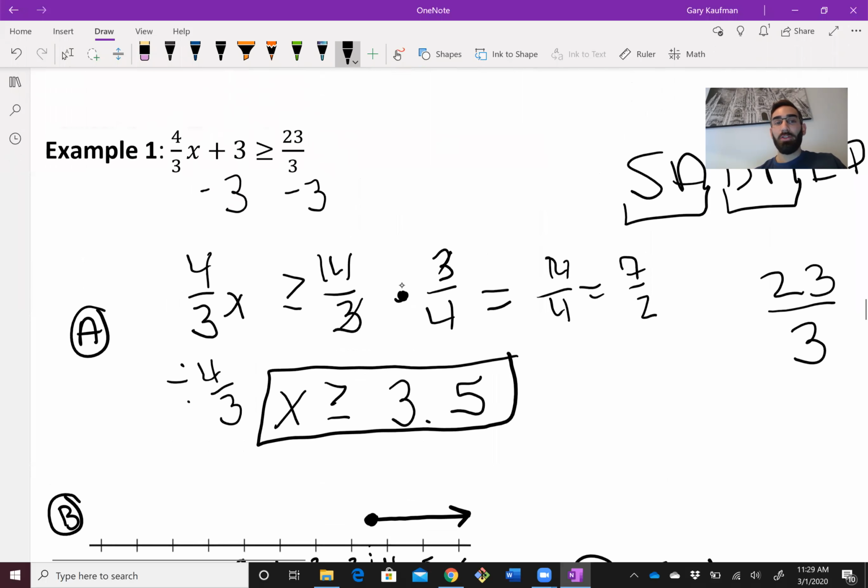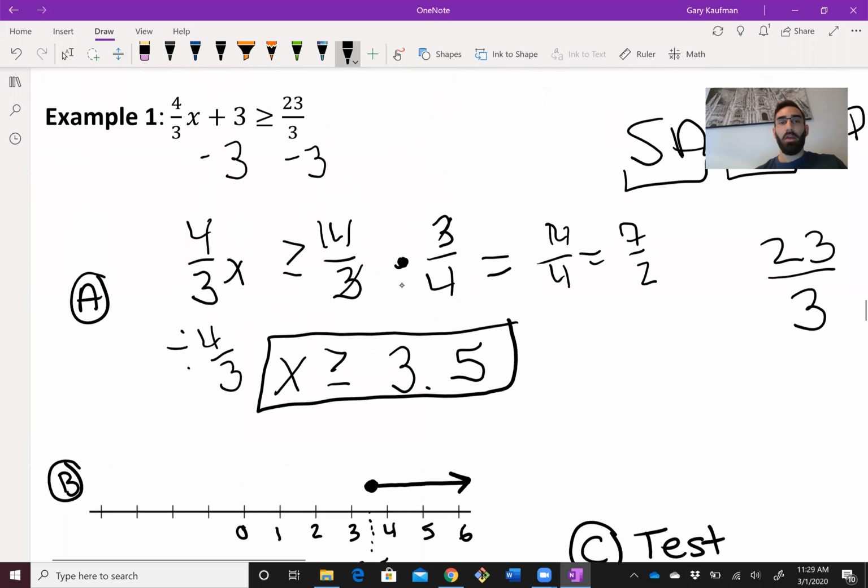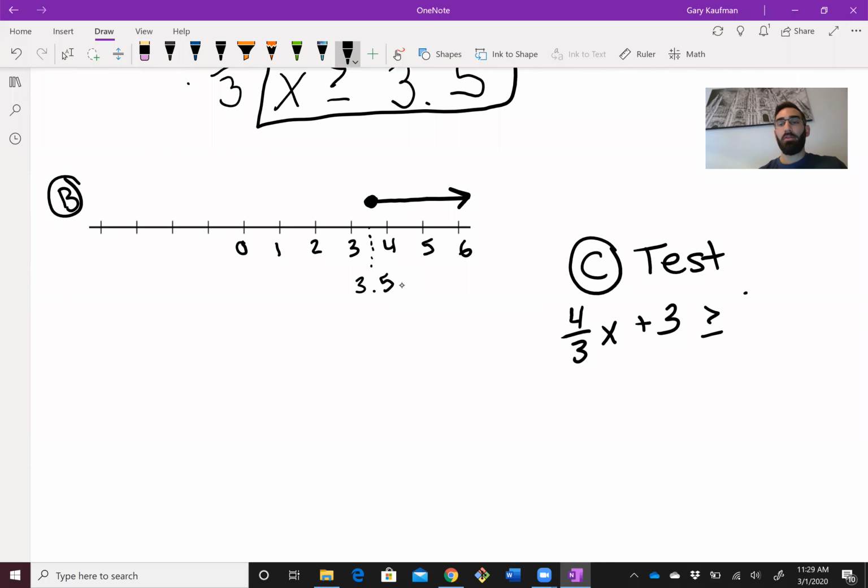So my original is 4/3 x plus 3 is greater than or equal to 23/3. Actually, instead of picking that, I'm going to pick 6 because 6 is going to be a nice number to do. 4/3 times 6 plus 3.